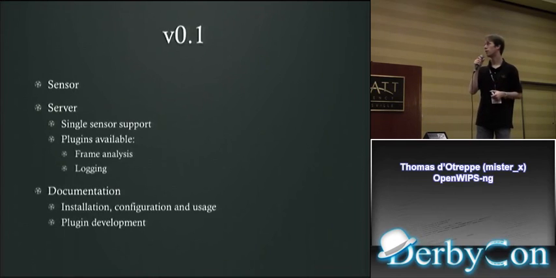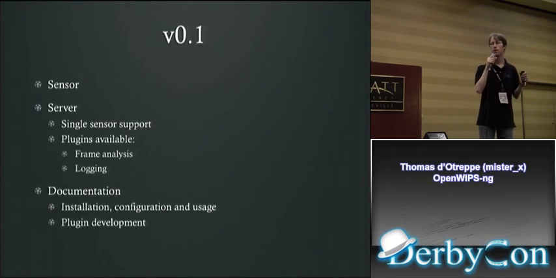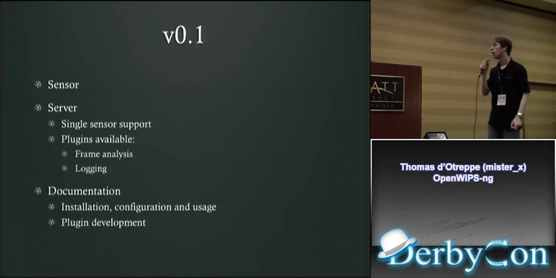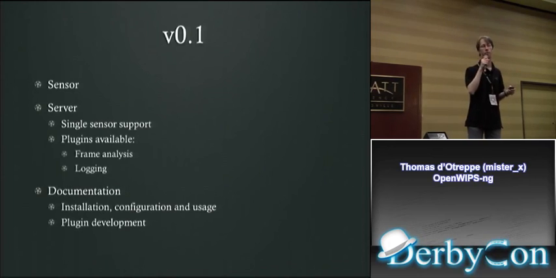What you can expect in 0.1 is having a sensor, and the server supports a single sensor. It supports more than one connection, but the behavior is unexpected because we don't do any reassembly. Plugins available: frame analysis and logging.